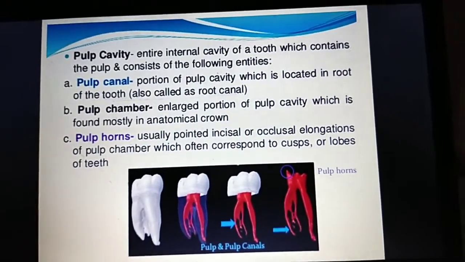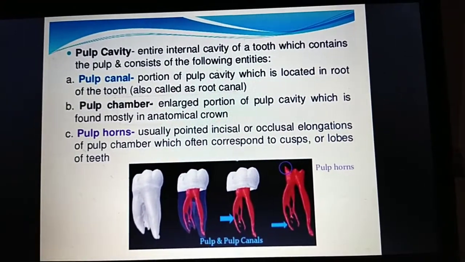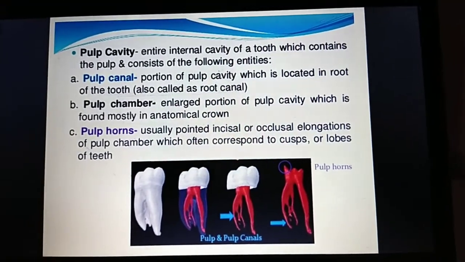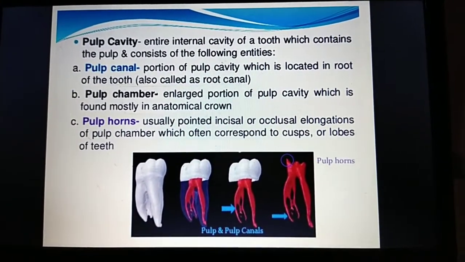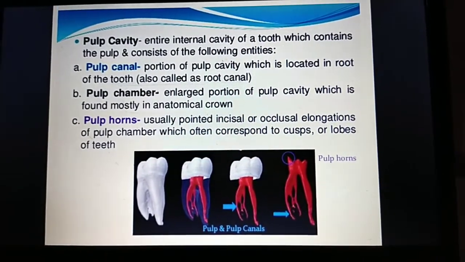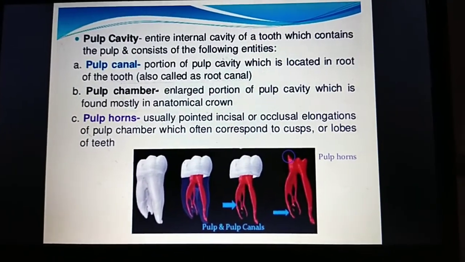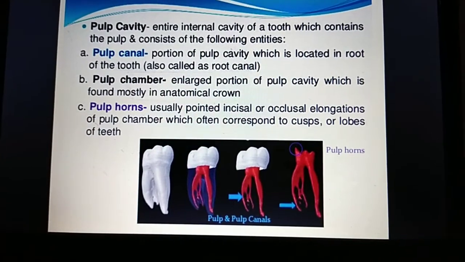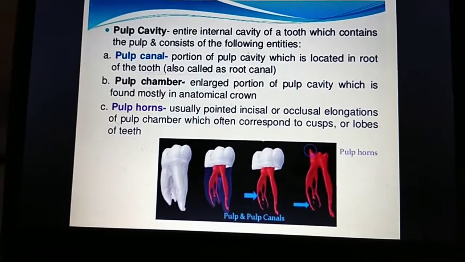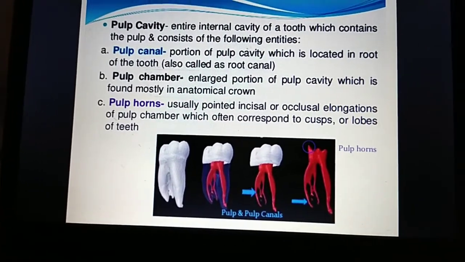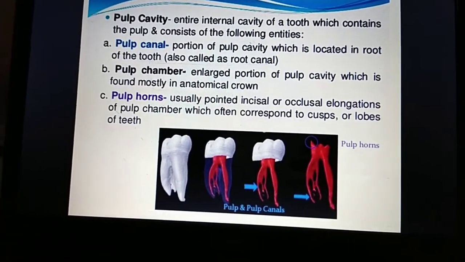The pulp cavity is the entire internal cavity of the tooth, which contains the pulp and consists of the following entities: pulp canal, pulp chamber, and pulp horn. The pulp chamber, as already said, is the enlarged portion of the pulp cavity found mostly in the anatomical crown.